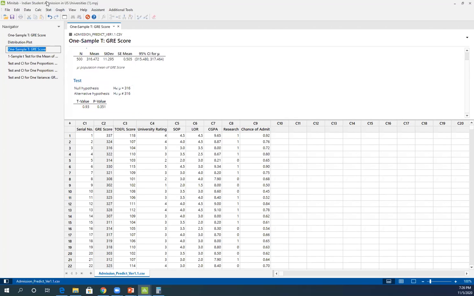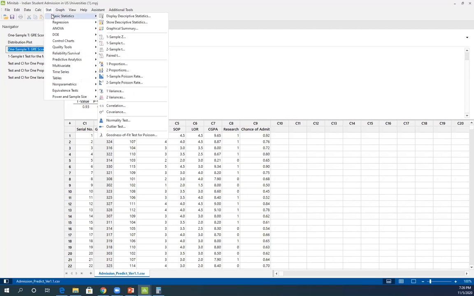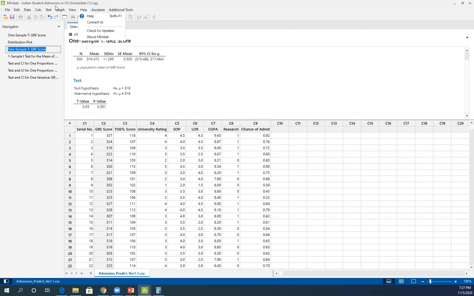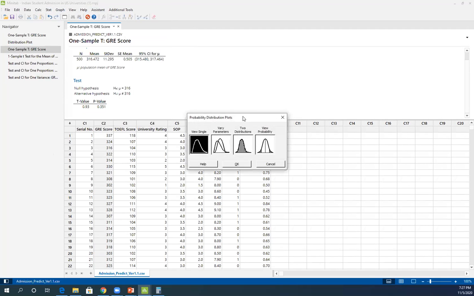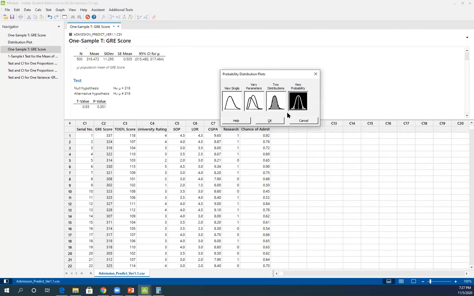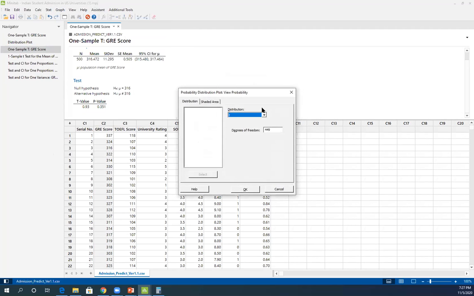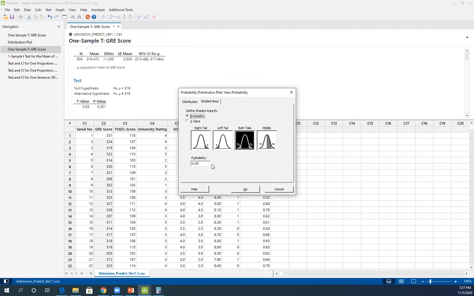So just a minute. Stat, basic statistics, probability plot. So first, let me go with the t-value with 449 or 499. I think 490 because we have 500 samples, and this is 5%.